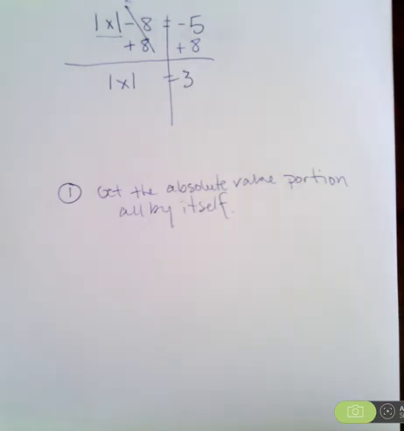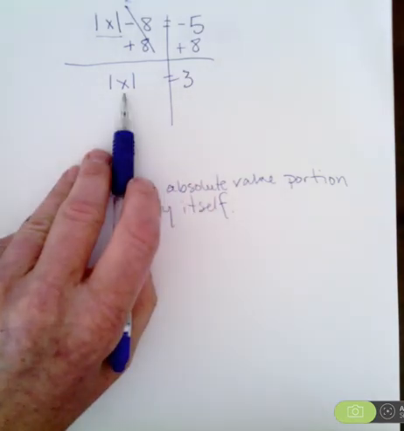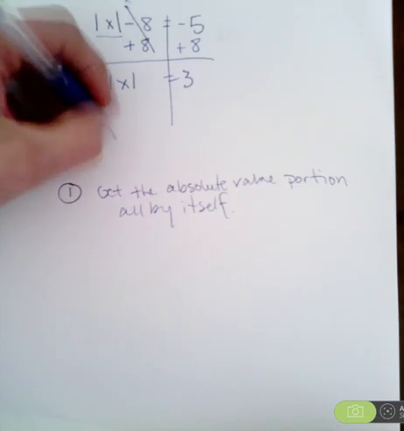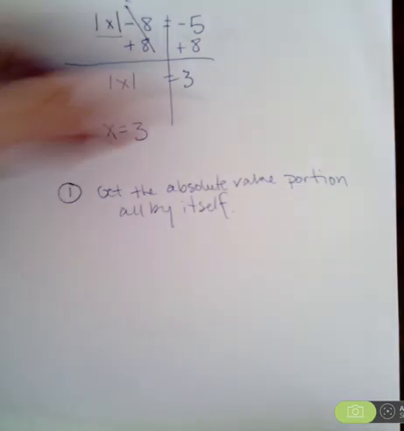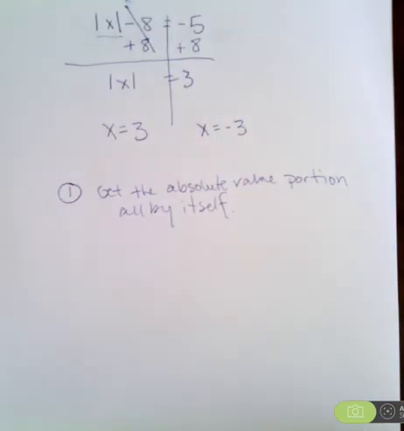Well, now I need to identify my two possible options for 3. So x is equal to +3 and x is equal to -3.